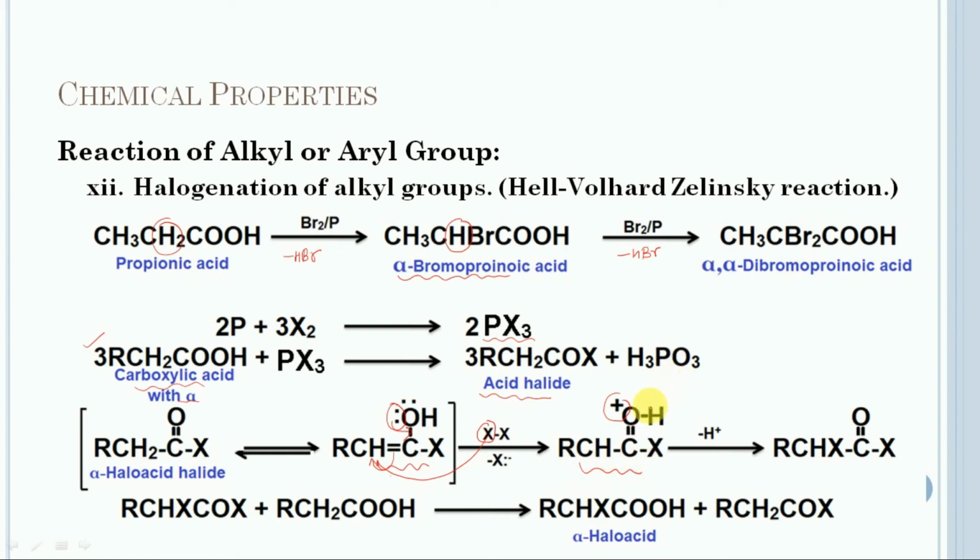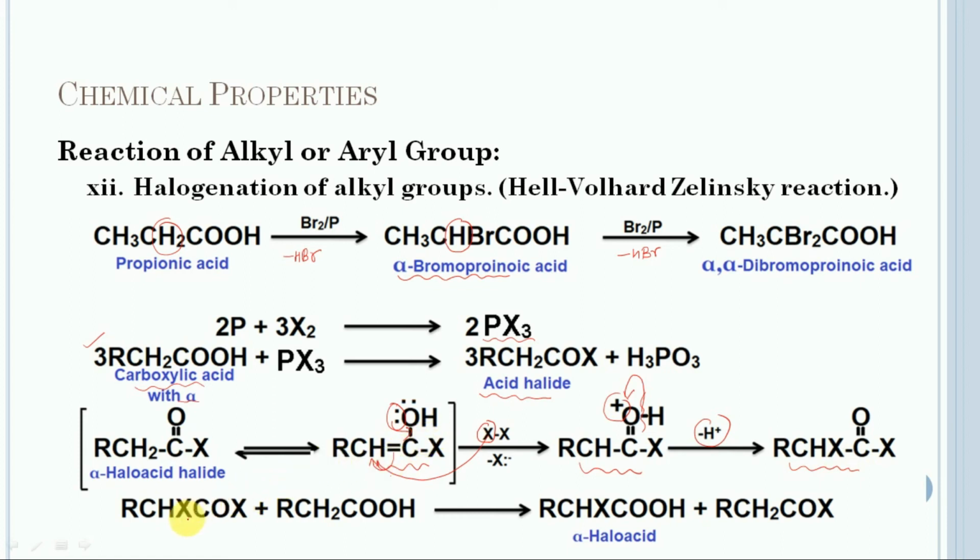In the next step, this bond can break heterolytically with the release of a proton, and the bond pair of the oxygen-hydrogen bond will go with oxygen. So this intermediate compound will get formed.